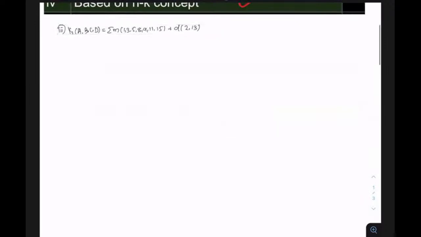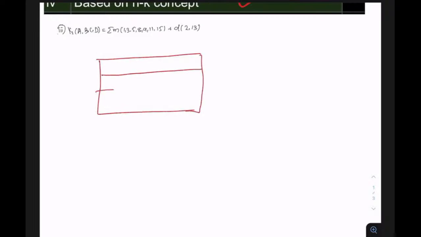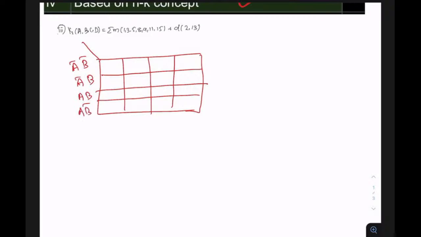Yeah, tell me for this one. How many groups will you get in this case? A bar, B bar, A bar, B, AB, AB bar, C bar, D bar, C bar, D, CD, and CD bar.